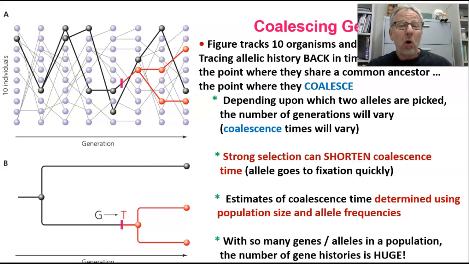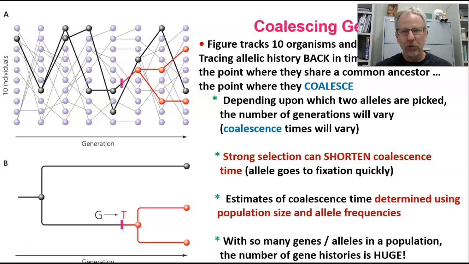Now, there's a couple components that affect coalescence time. One of them is whether natural selection is strong on a particular allele or whether it's weak. Relatively strong selection can shorten coalescence times, make it go to fixation quickly, such that every individual in a population has that particular allele.